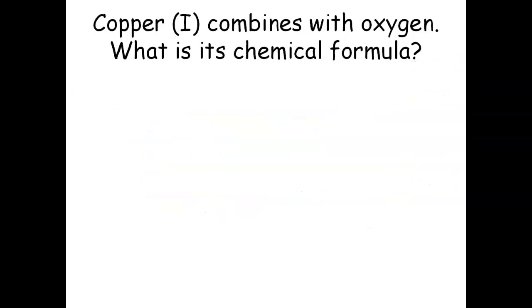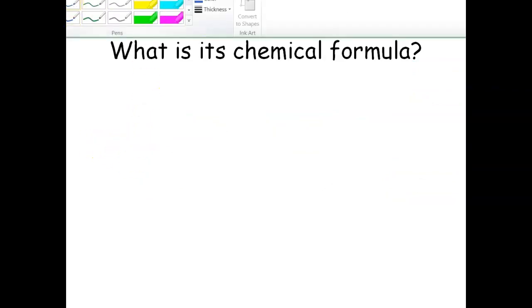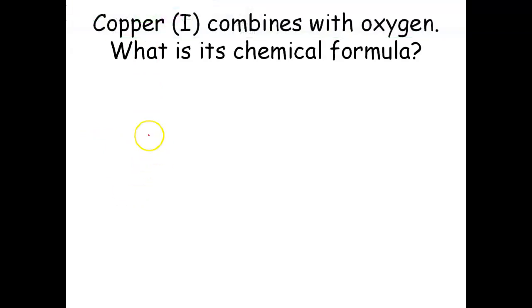I have copper 1 combining with oxygen. What is its chemical formula? So we'll start with copper 1. Because of that Roman numeral 1, I know that copper has 1 valence electron. And we'll go back to our oxygen. We know that oxygen has 6 valence electrons.